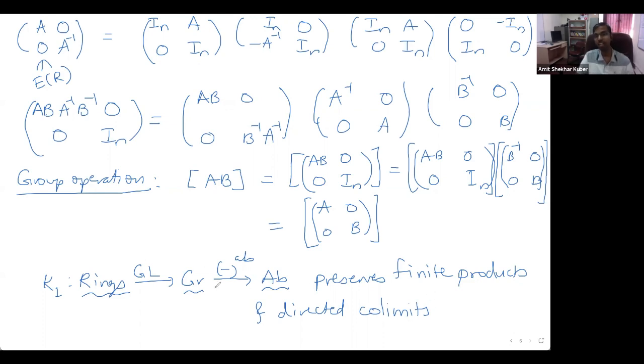Moreover, this particular thing that we discussed last time, if you remember, that GL of R and GL of MNR are identical. The infinitary general linear groups are identical. So therefore, K1 is Morita invariant.